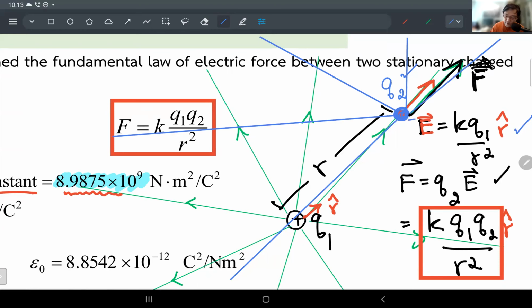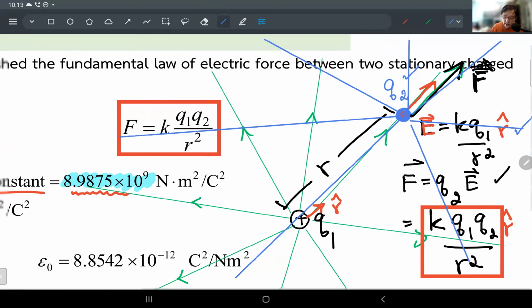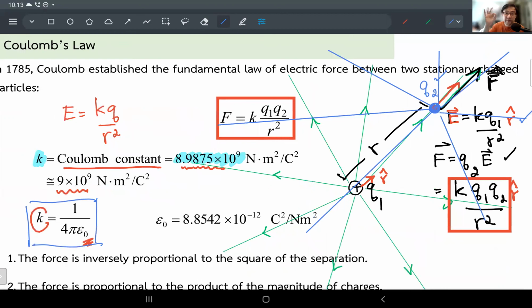Right now, let's assume everything is positive, so we don't have to worry about flipping the directions, but that's what it is. So that means when you place the Q2 charge in this particular setup over here, Q1, that is first being the source of the field for the Q2, will also experience the field due to the Q2 as well.